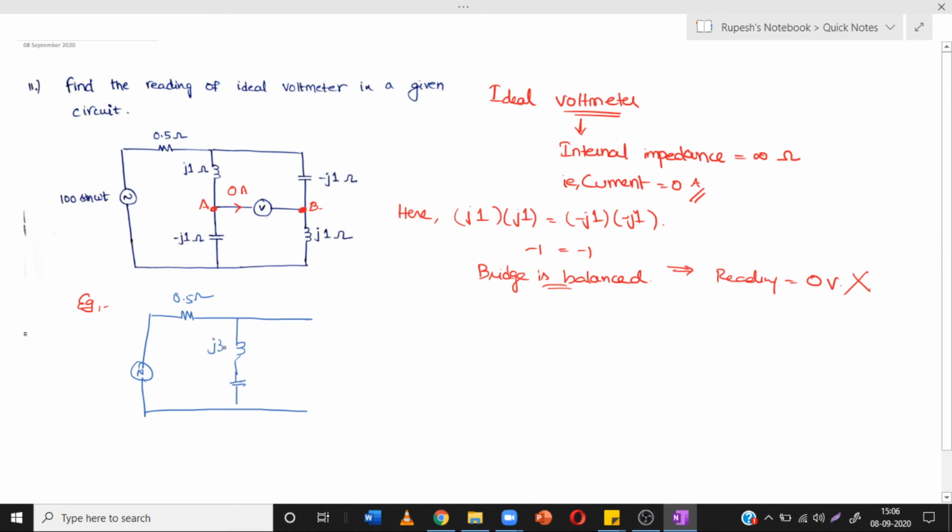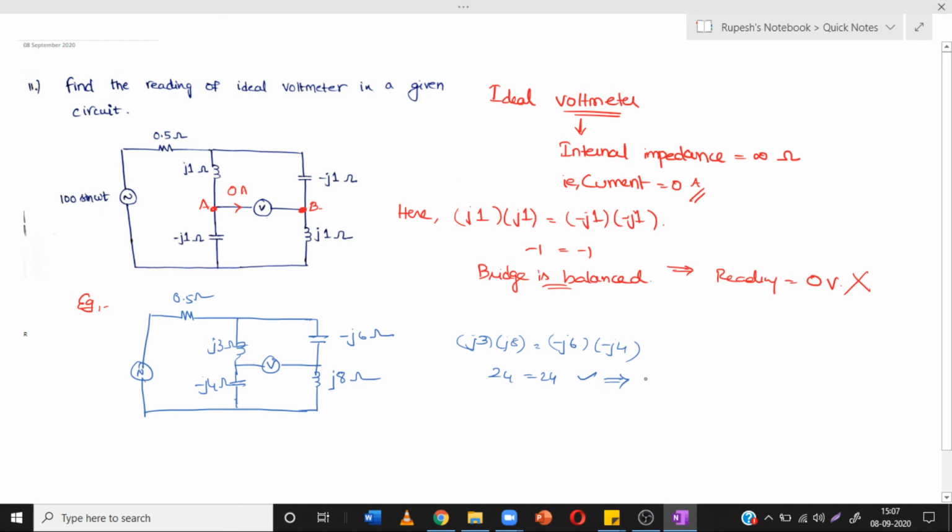So this is J3 ohms, this minus J4 ohms, this is minus J6 ohms, and here is J8 ohms. And let us take a voltmeter here. Okay, here if you observe, let us apply the same Wheatstone bridge concept. So J3 into J8 is equal to minus J6 into minus J4. That is 24 is equal to 24.